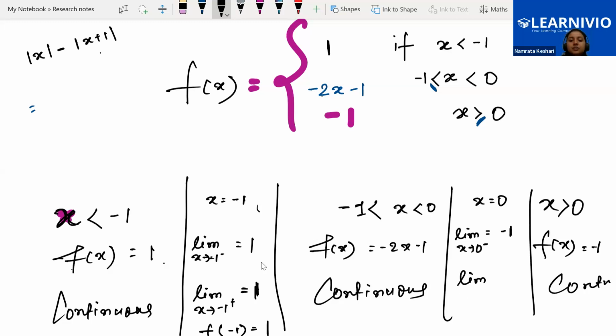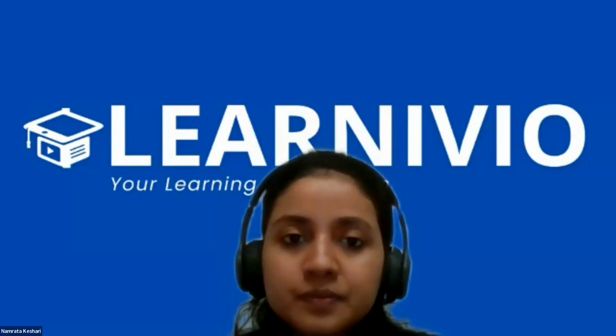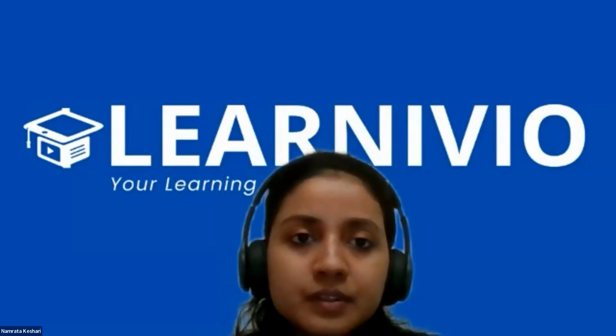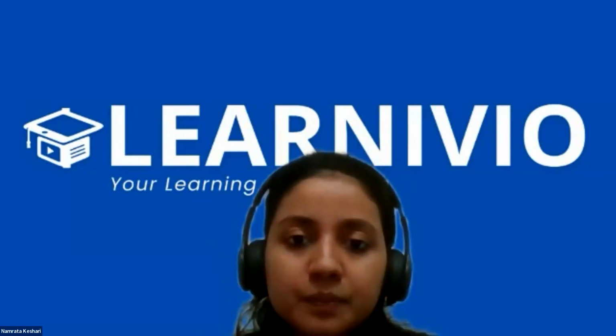Towards the right of 0, it will be negative 1. At 0, it is also negative 1. So this is continuous, right? Let's check the graph. Let me open that.